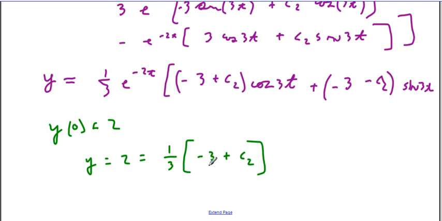Okay, so this is going to be a 1. It goes on the other side, it's a 3. It's going to be a 1/3 times, turn it over, 3 times 3 is 9. So that implies that c2 is equal to 9.